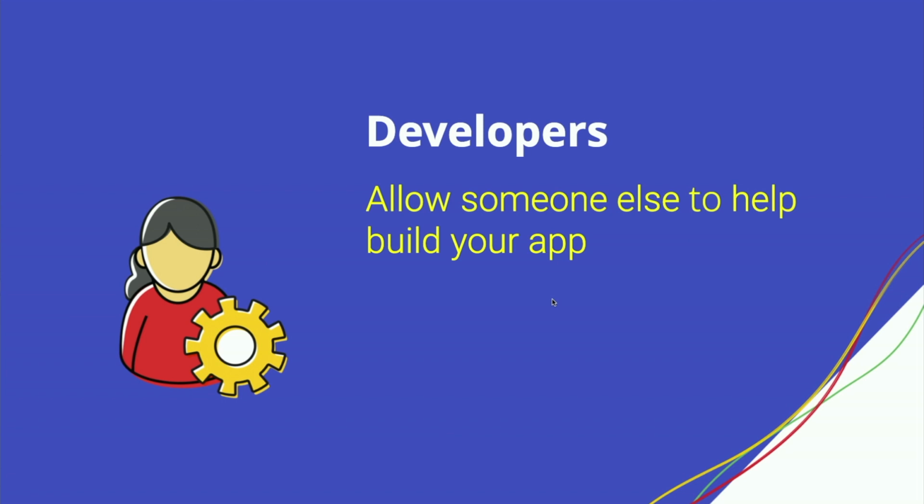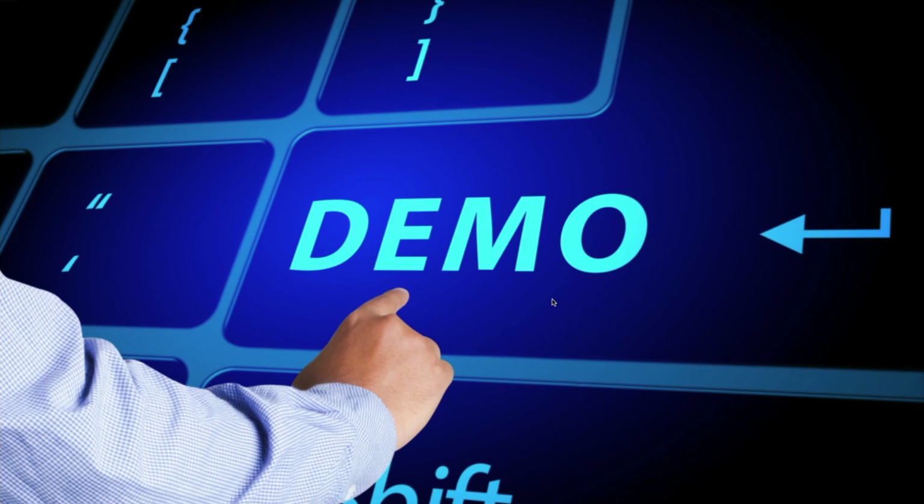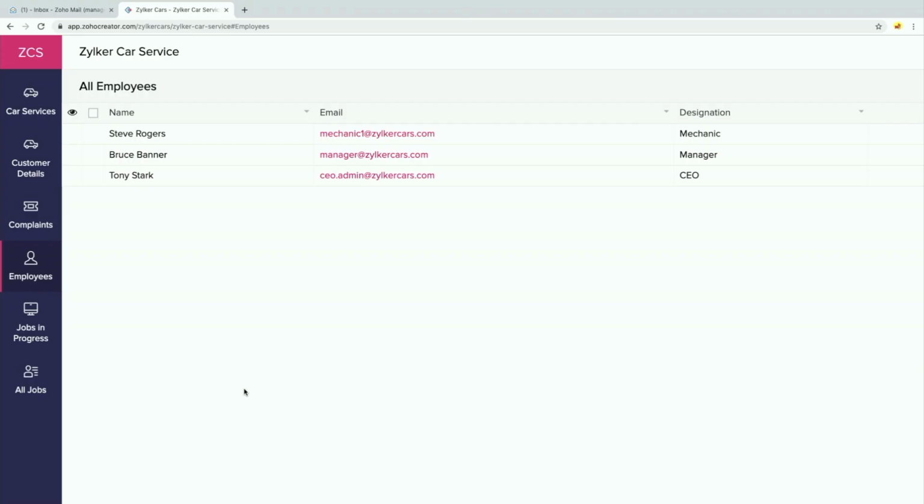They can access the live mode of the application, play around with the data, but can never touch how the application is designed, how the forms are designed, or what kind of workflows you have configured. Those access are restricted for all the other users. Only a developer will be able to click on the edit this application button, or only the developer would see that option. Let's quickly see a demonstration of all these.